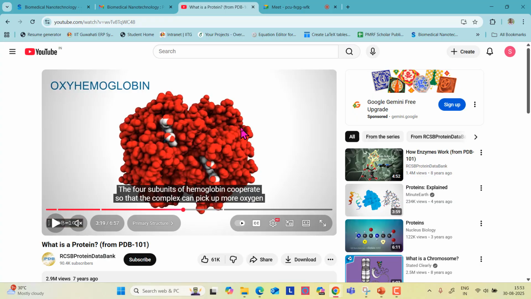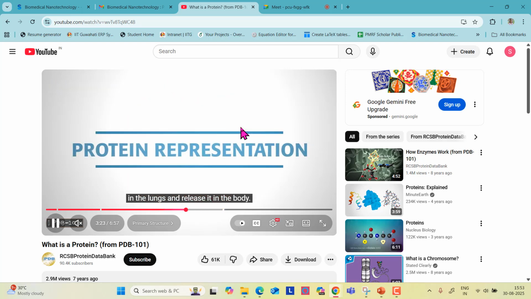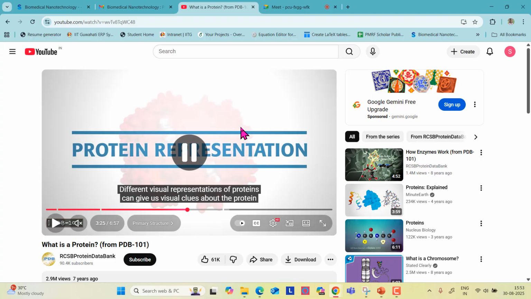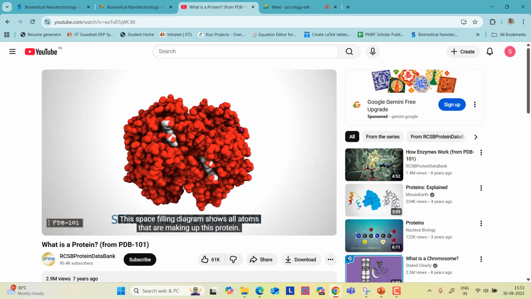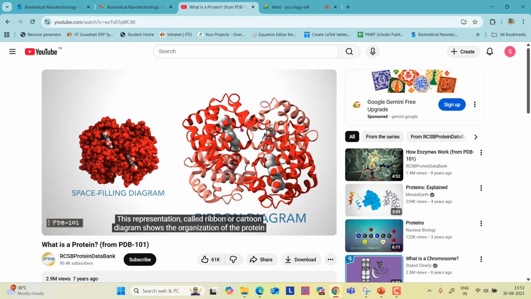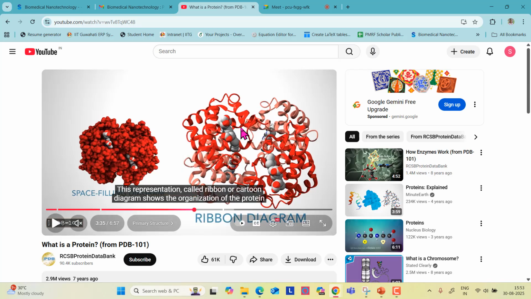Okay, so more than one peptide chain are there. So these are the four structures of protein. So you can see here this space filling. So here you can see there are more than one peptide chain, peptide bonds are there to carry the heme.